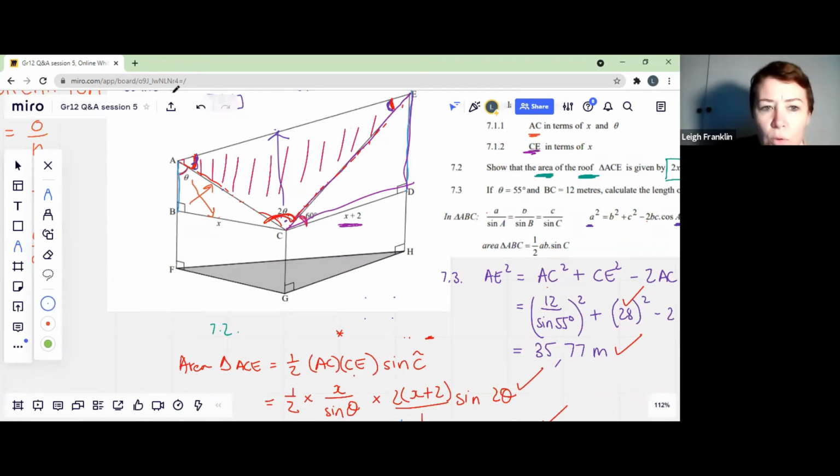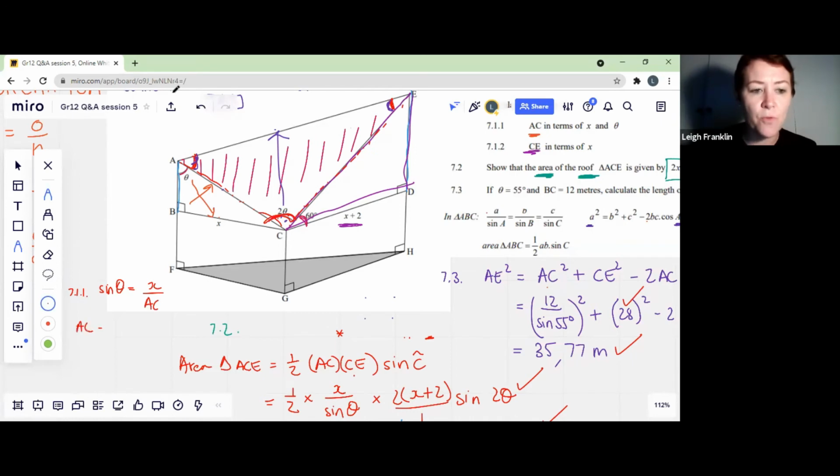So in question 7.1.1 we had said that the sine of theta was going to be opposite, which was x over AC. And then we rearranged to make AC the subject of the formula.